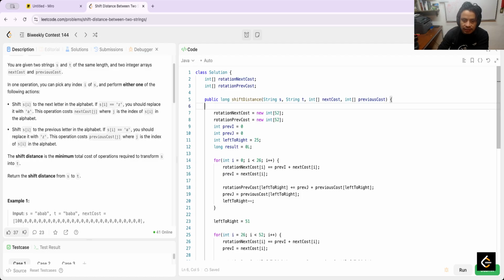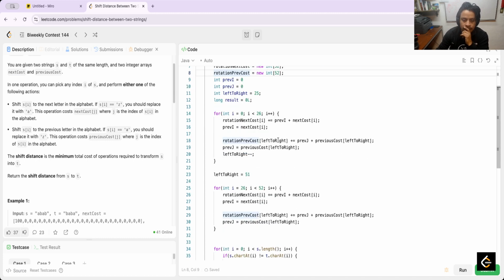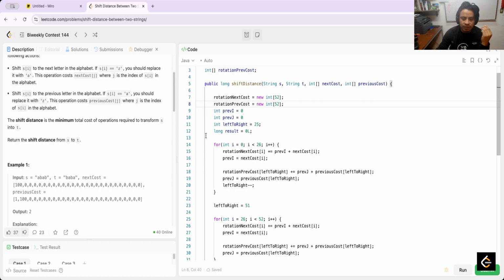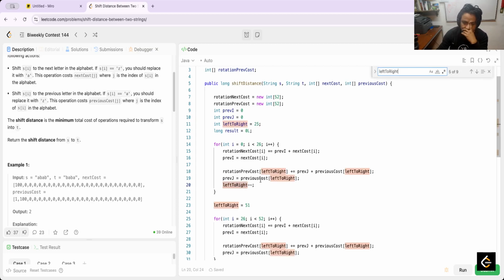But in this case, for the rotation previous cost, yesterday I had my doubt, because in this case it's in the positive order, means that the zero is in the positive order. In this case, left rotation is 25.